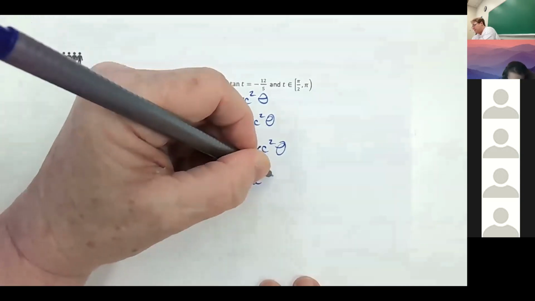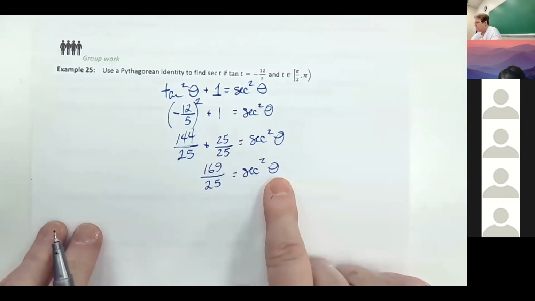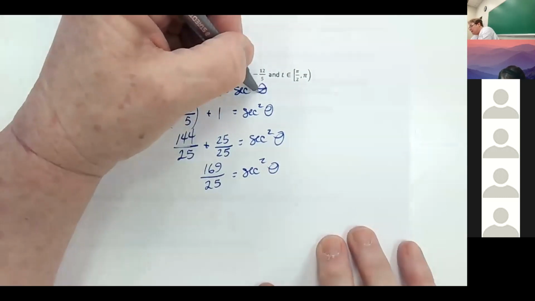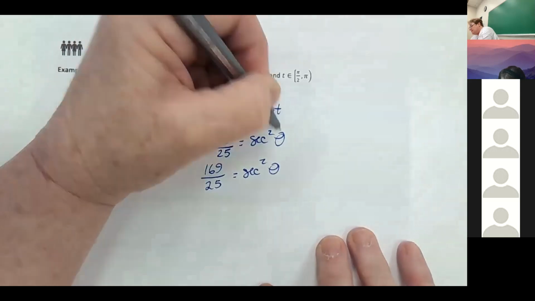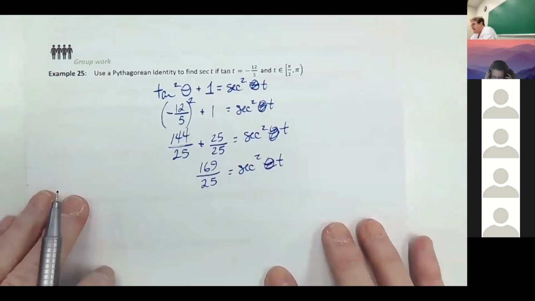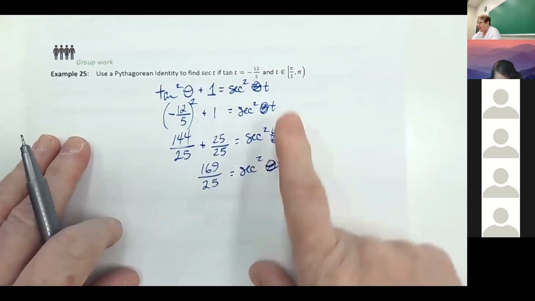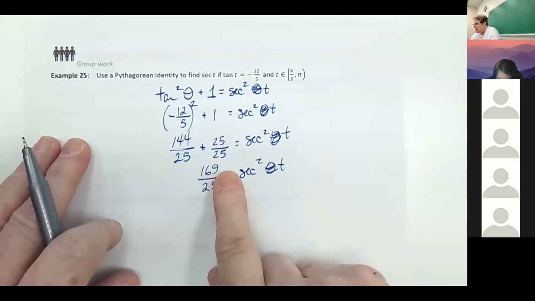So the secant square of t, there you go. So the secant squared of the angle is 169 over 25.